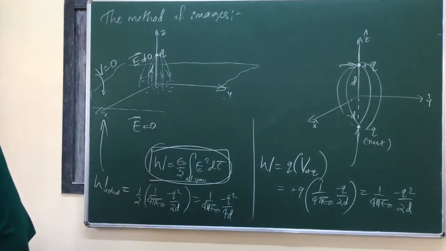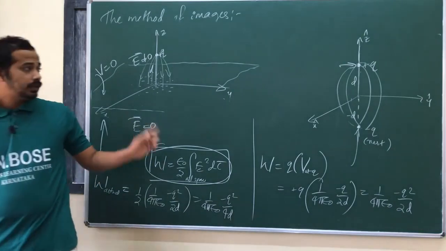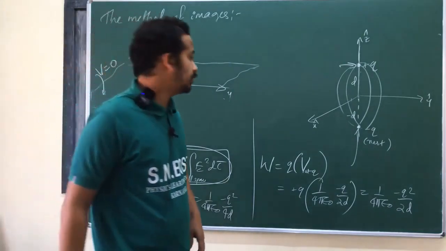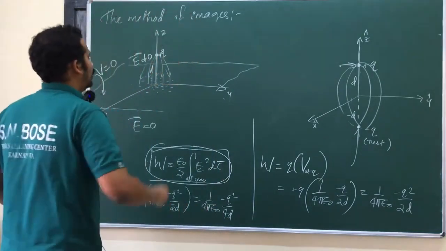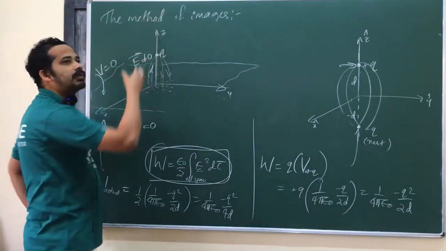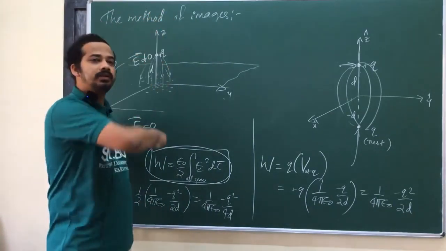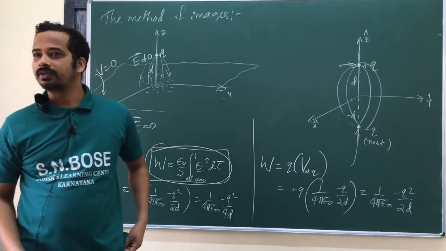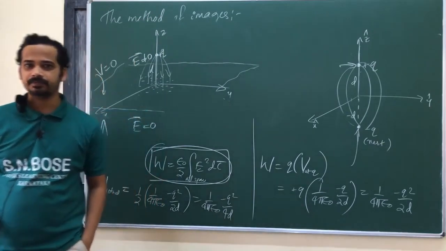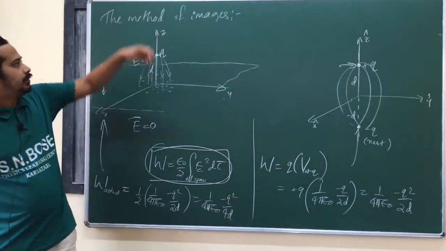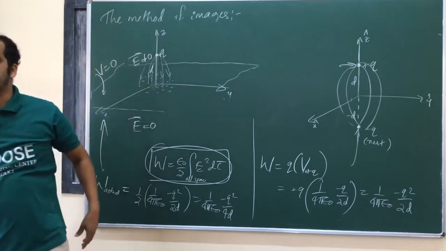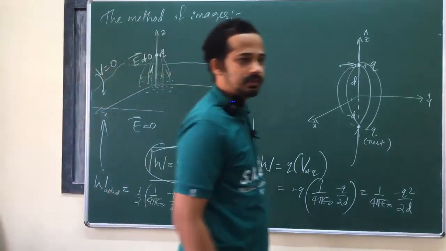Now, in this image configuration, there are many nicely designed questions. Suppose it is released from rest, it's going to hit the plane. With what velocity is it going to hit the plane? Or if it is released with some initial velocity, with what velocity will it hit the plane?